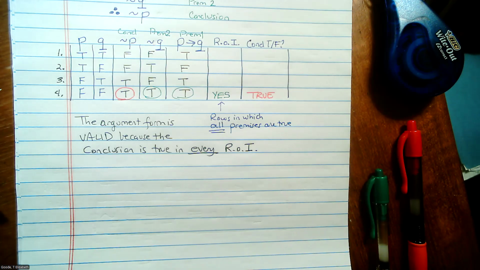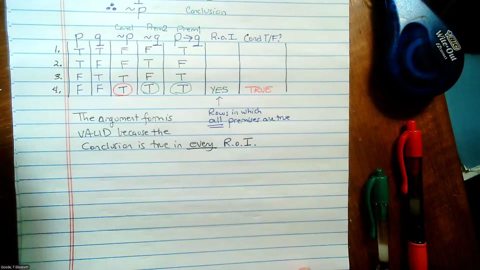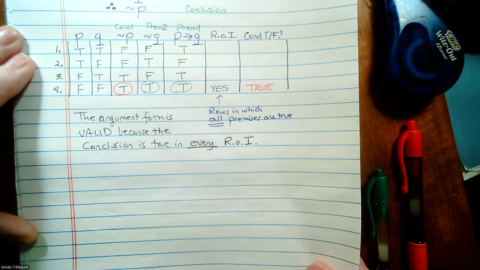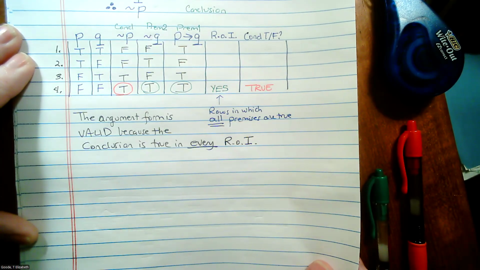So just to clarify, it's valid if it's true in every row of interest. If we had 2 rows of interest, and it was true in one but false in another, that would invalidate the statement.